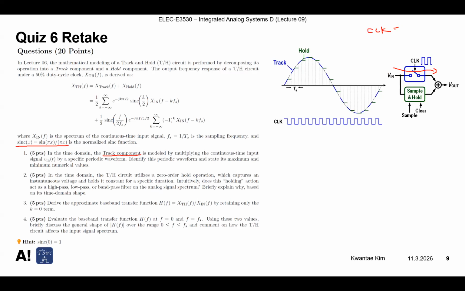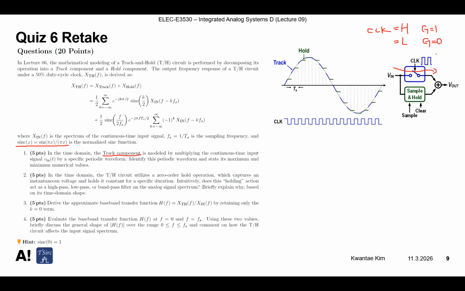Clock is high, the gain is 1. And clock is low, then for the track part, we don't apply anything. That means we have to set the gain equal to 0.